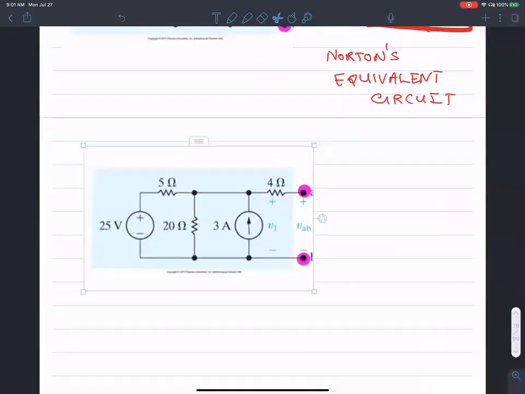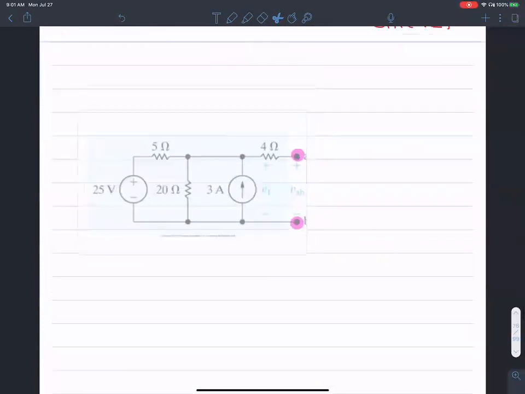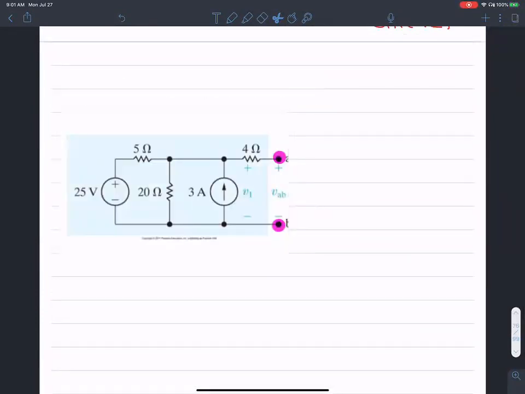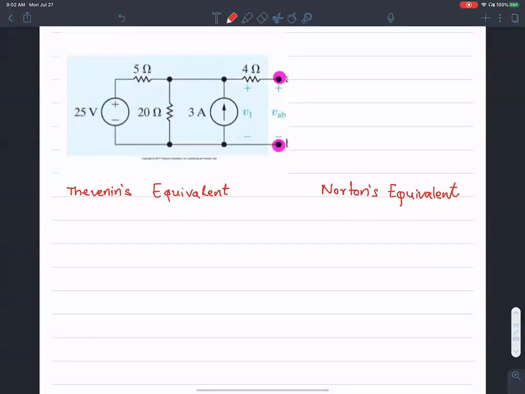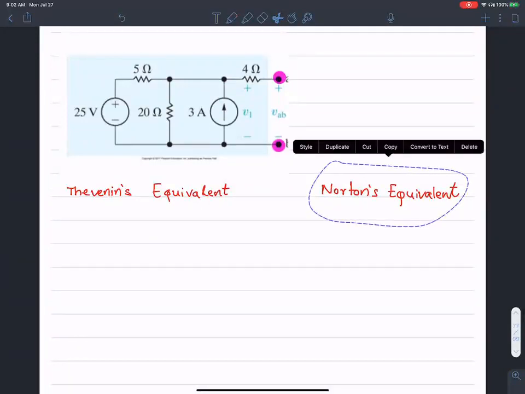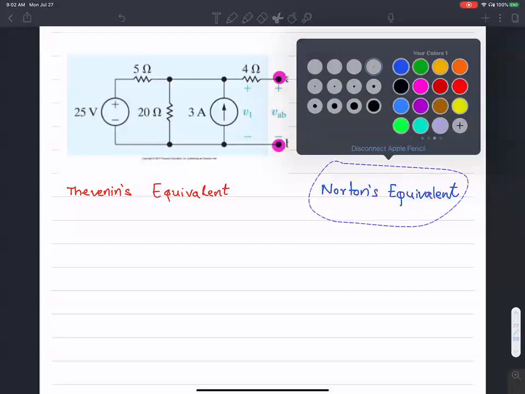We wanted to simplify this circuit using Thevenin's equivalent, and we also wanted to express this guy as Norton's equivalent. So for Thevenin's equivalent, let me use a different color here.